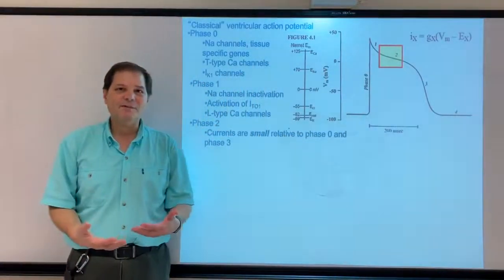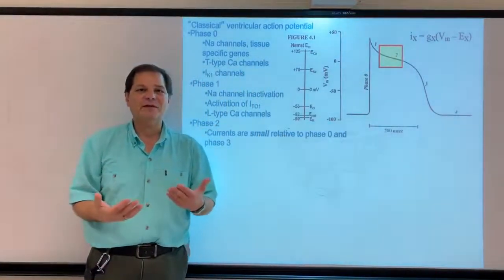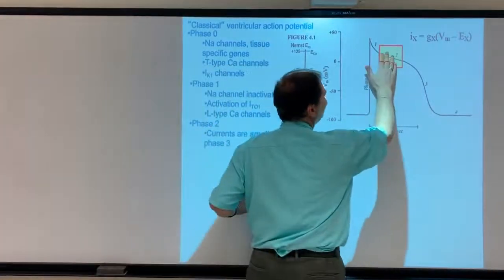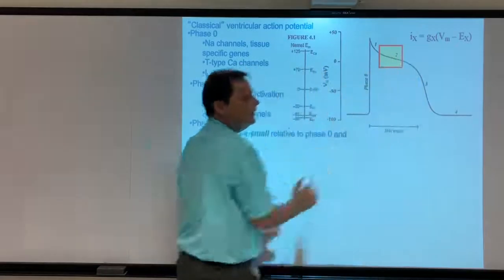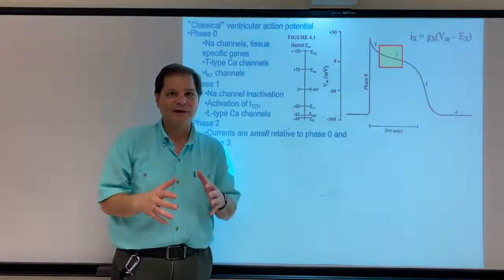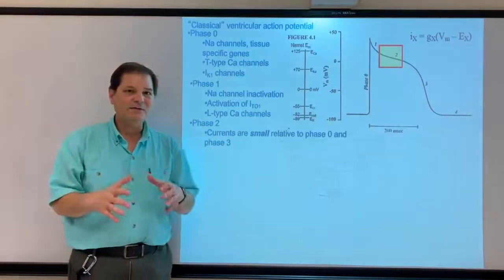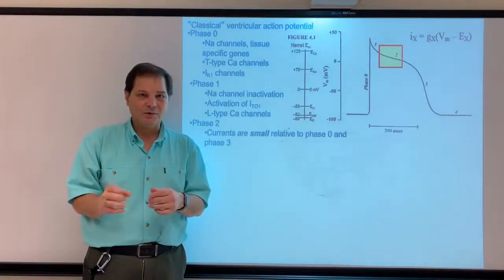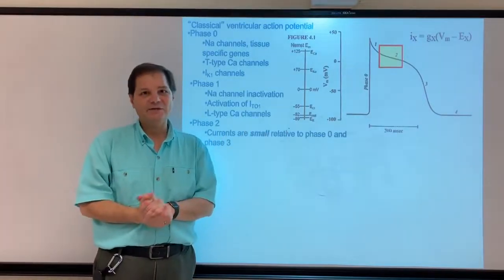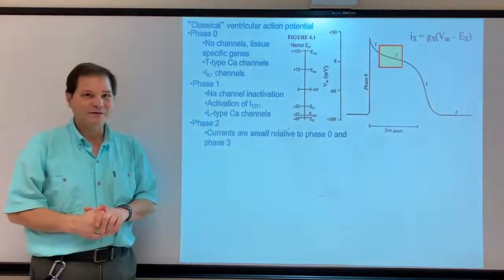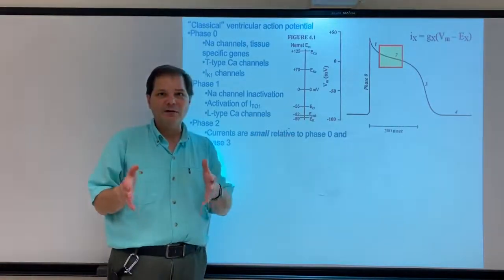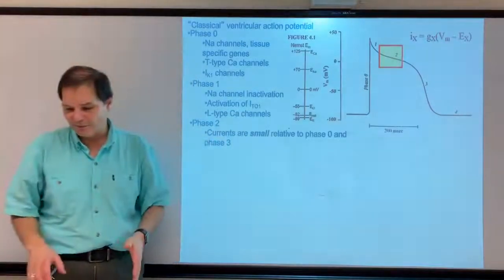That's one thing to bear in mind. And what that means is that these currents are fairly easy to disrupt. So it's fairly easy to cause this plateau phase to lengthen or shorten by altering the currents that flow during that phase a little bit. When you do the long QT program that I wrote, what that centers around is lengthening and shortening that plateau phase. It's very easy to do pathologically because the currents are relatively small and therefore relatively easy to disrupt.